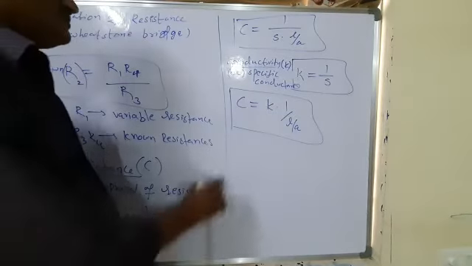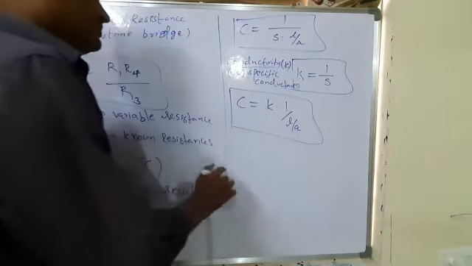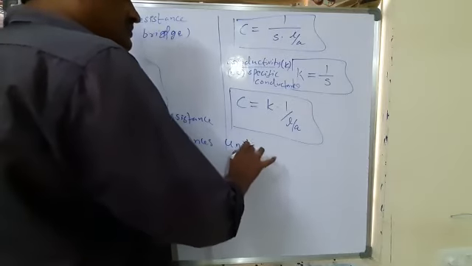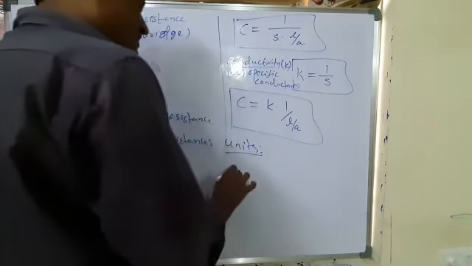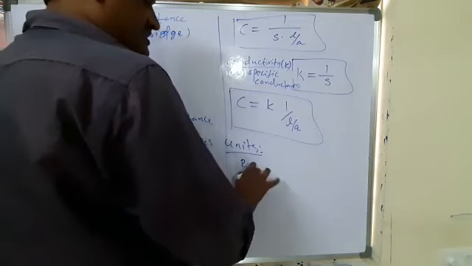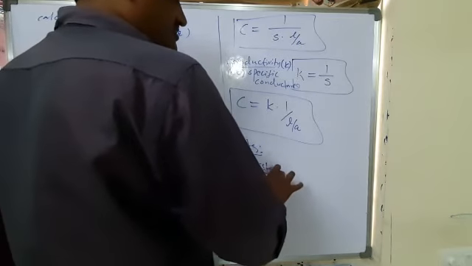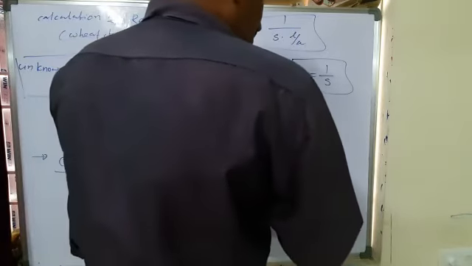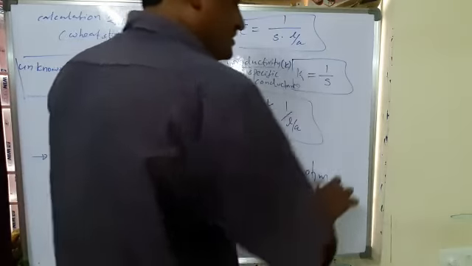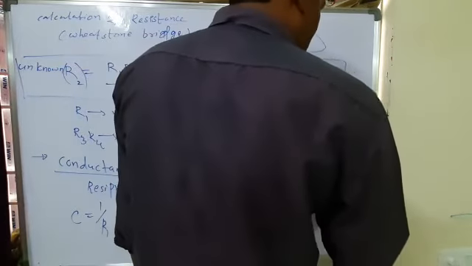Now let's discuss units. The unit of resistance is ohms.